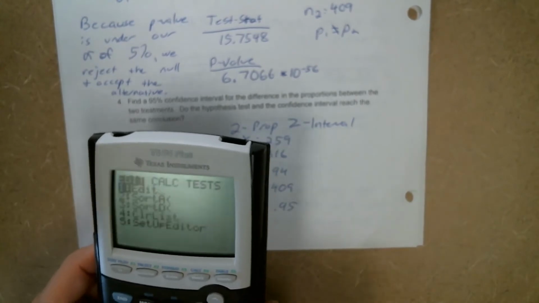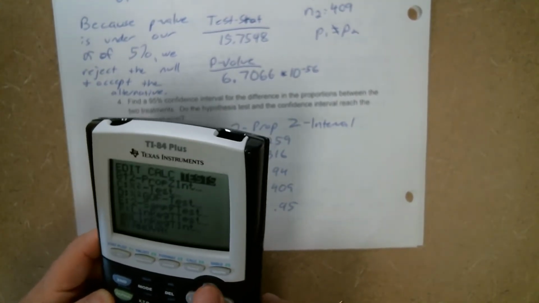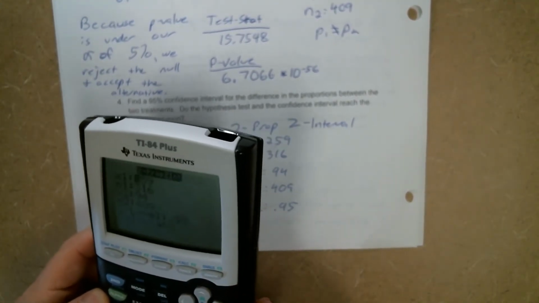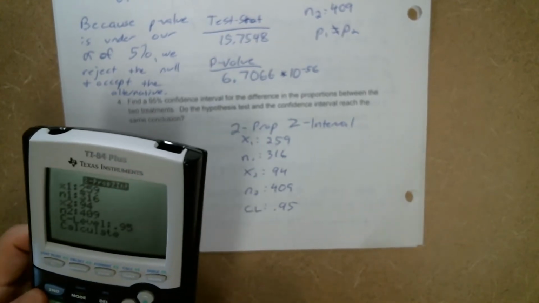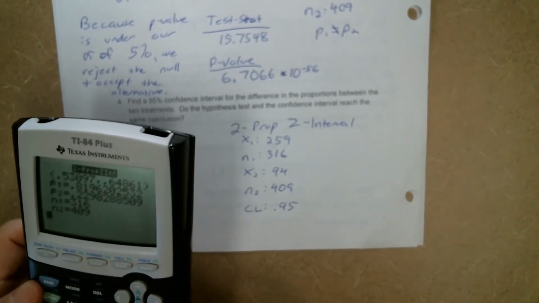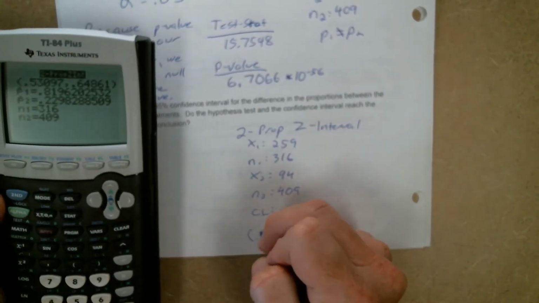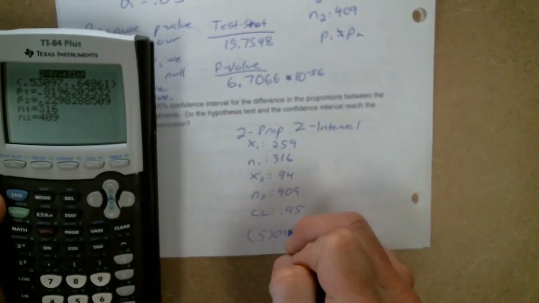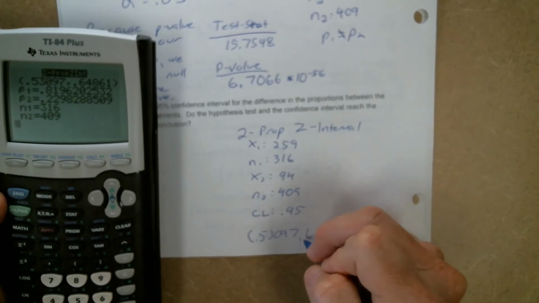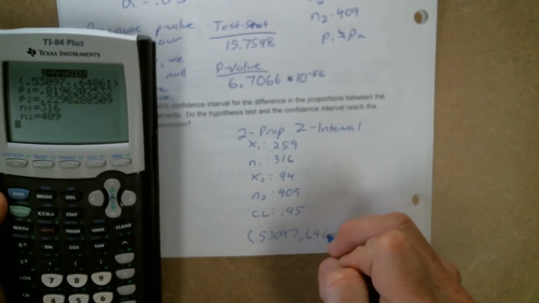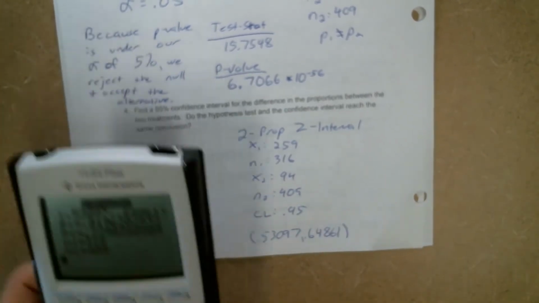So let me bring that up. Stat tests, 2 prop z interval. All the numbers are already in there. Hit calculate, and I get an interval from 0.53097 to 0.64861. All right.